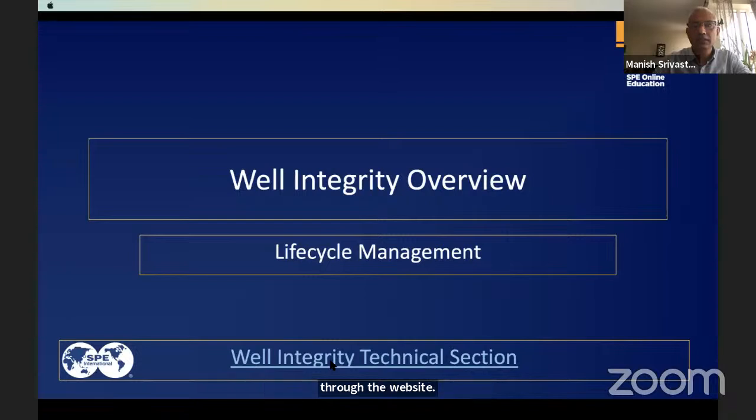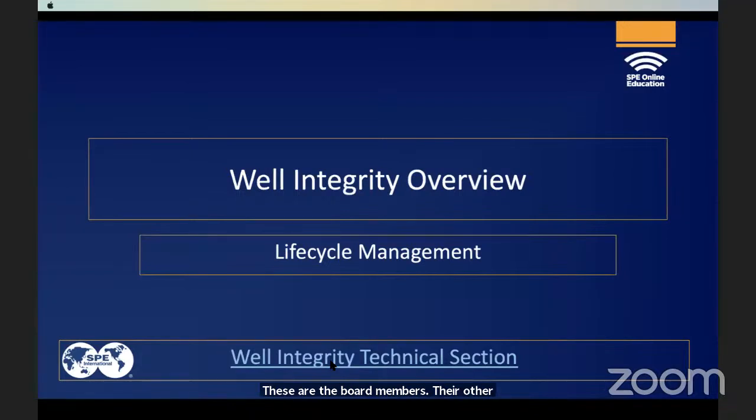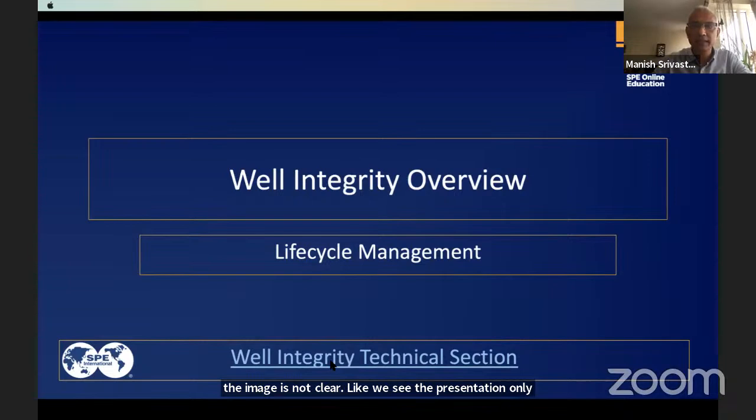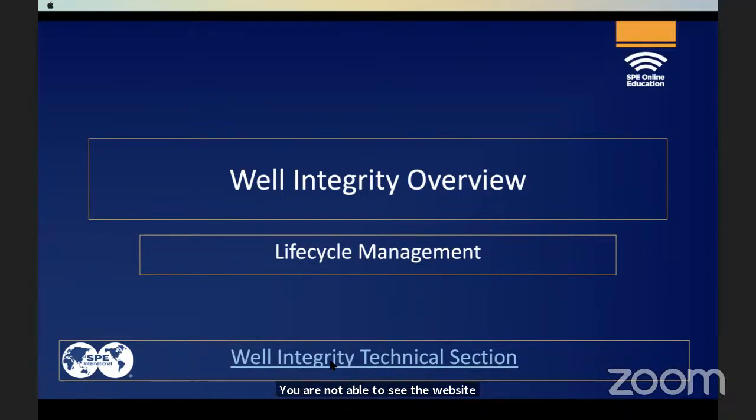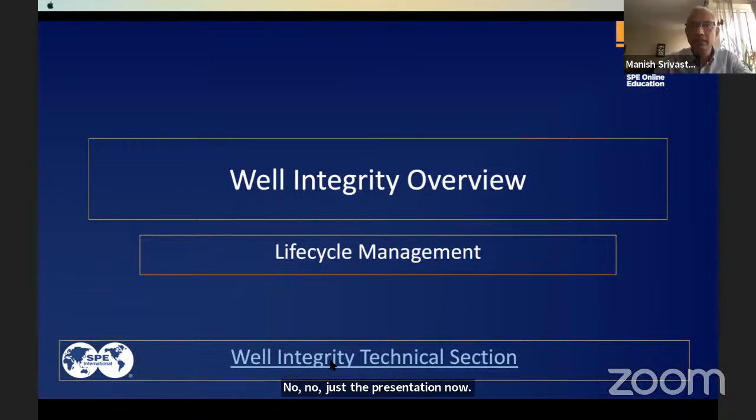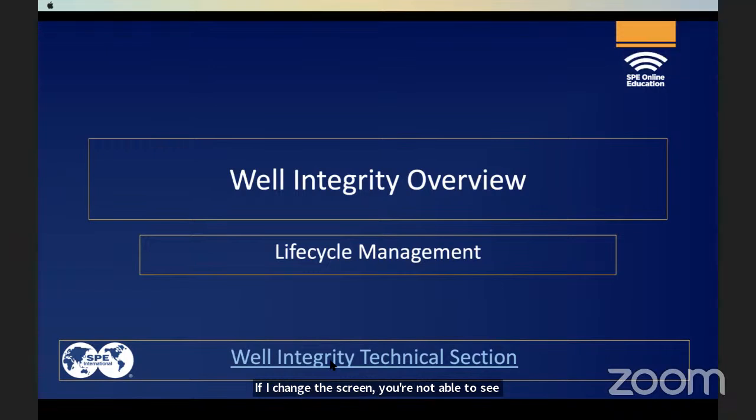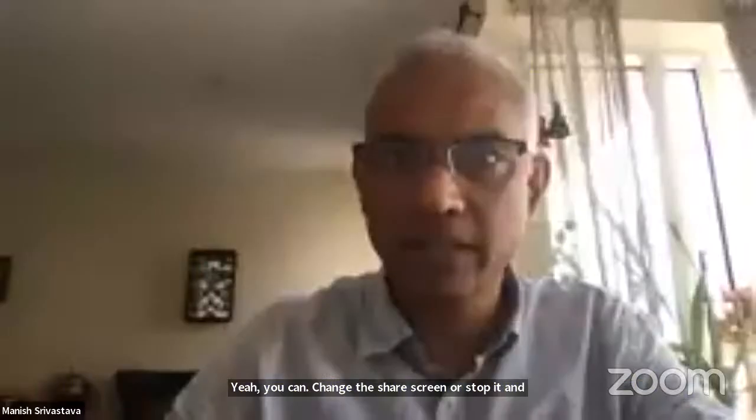This is the website for the well integrity technical section, and these are the board members. Sorry, the image is not clear. We see the presentation only. You are not able to see the website? No, just the presentation. If I change the screen, you're not able to see? You can stop the share and share again.